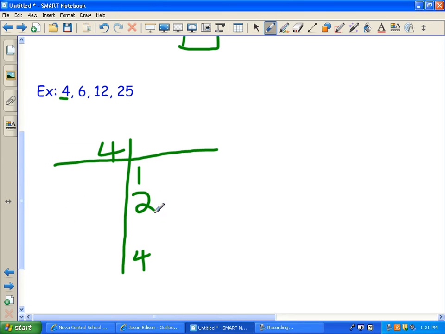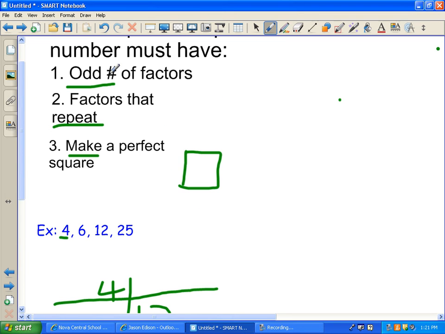But 2 times 2 will also work, because 2 times 2 is 4. And of course, I don't write 2 down here twice. So the only things I can get is 1 times 4, and then 2 times 2. Now if I count up how many they have all together, there's 1, 2, there's 3 factors. So it is an odd number of factors.